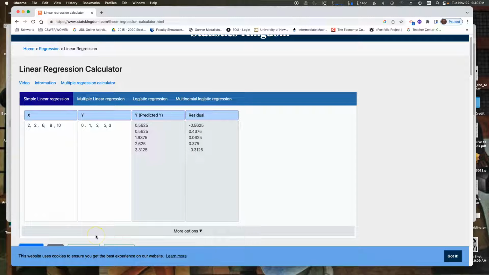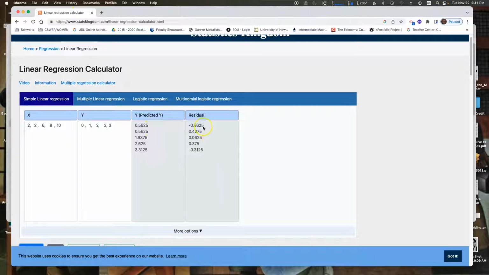Okay, I'm back here. Again, I'm not as worried. I think there are certain instructors who care more that you can manually calculate this, but in the real world, I can't imagine that you would be. All I did is copy and paste the x and y values here into our linear regression calculator, from statskingdom.com.